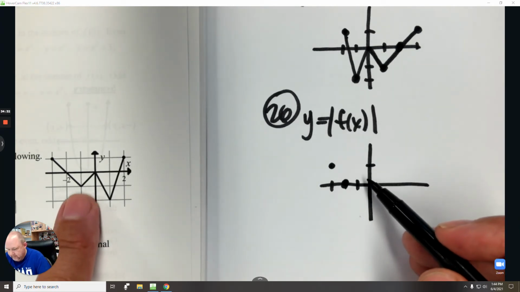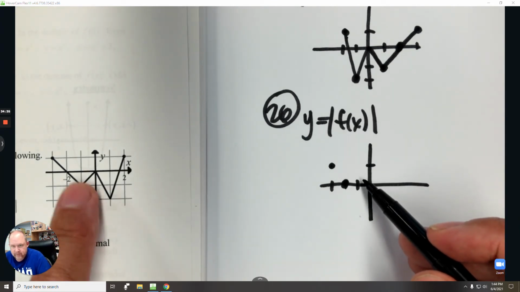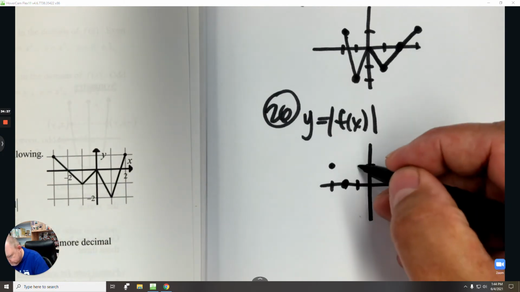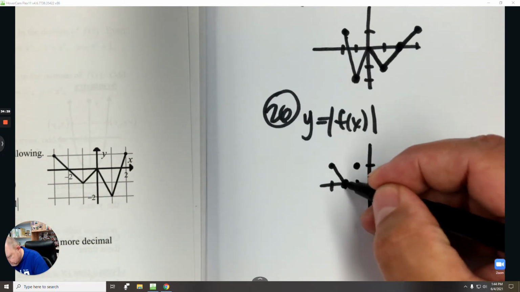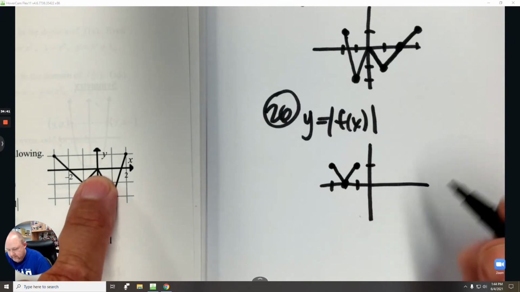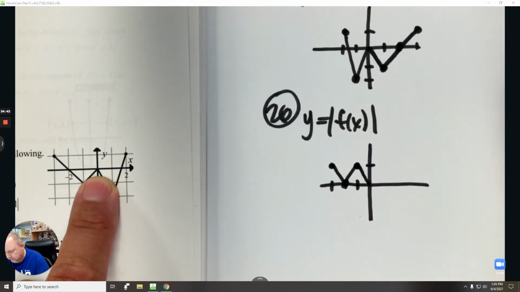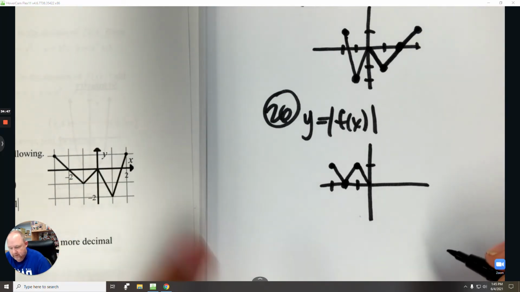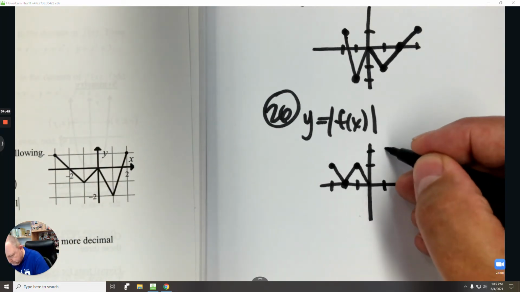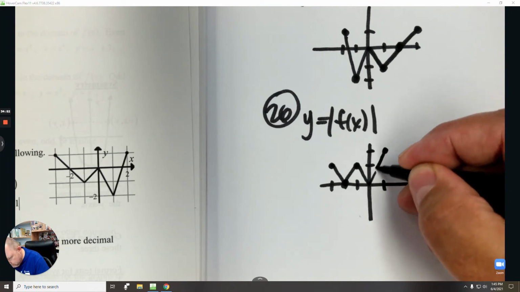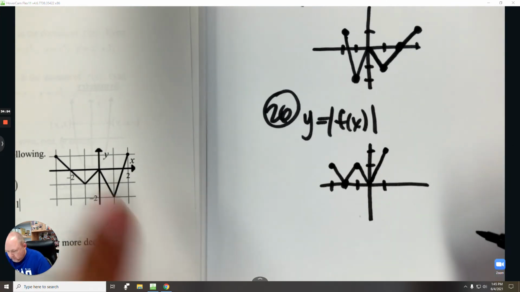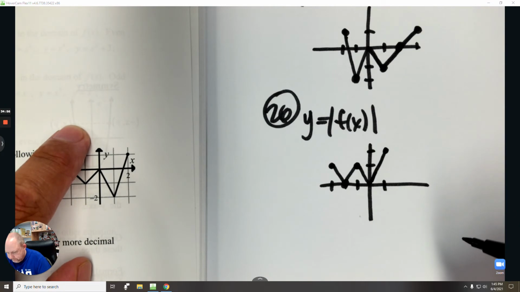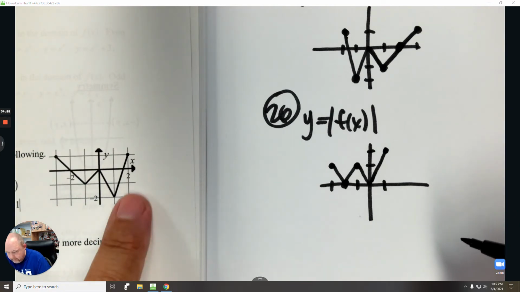But the next one is negative, so that becomes up to positive 1. And then it connects again to 0. And then this point gets reflected up to become positive, so 1, positive 2. And then this one stays the same, so this one's at 2, 1.